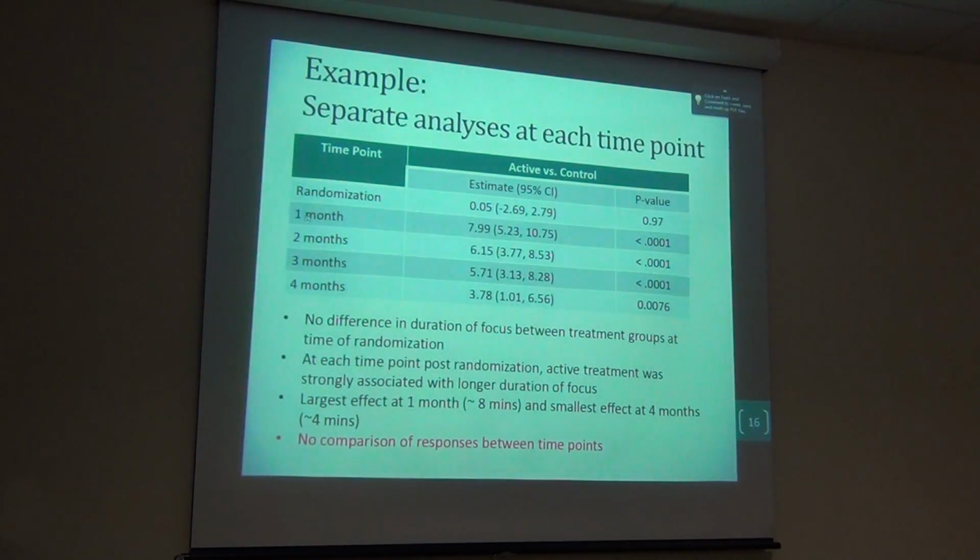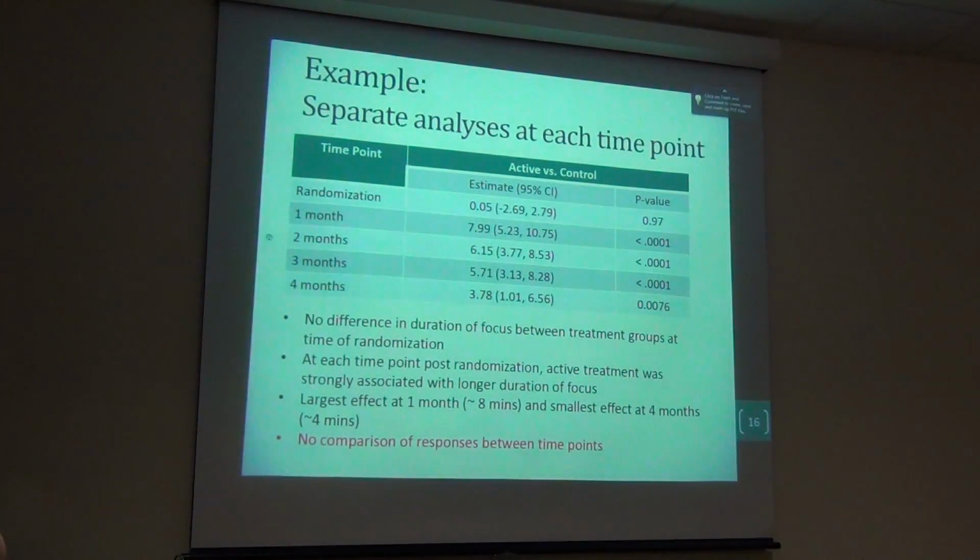After 1 month of practice, the active group's focus time was increased by 8 minutes compared to the control group. You see that with a 95% confidence interval of 5 to close to 11 minutes, and the p-value is highly significant.